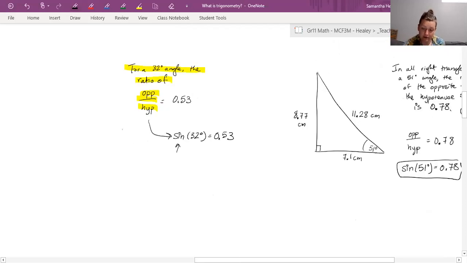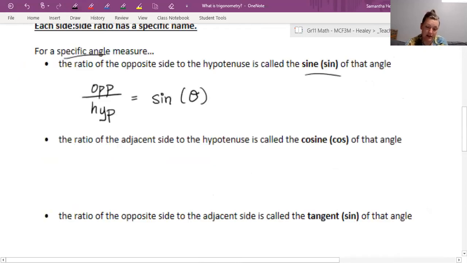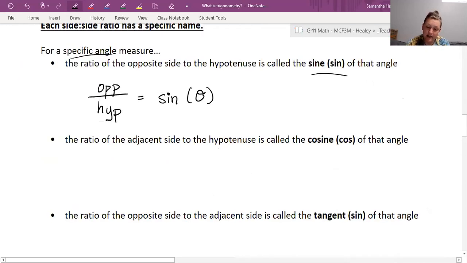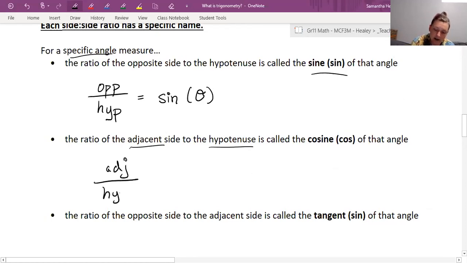The other compact mathematical statement we're going to look at is the ratio of the adjacent side to the hypotenuse side. So if we were going to compare how the adjacent side relates to the hypotenuse side for a specific angle, we call that the cosine, which is abbreviated COS, of that angle.